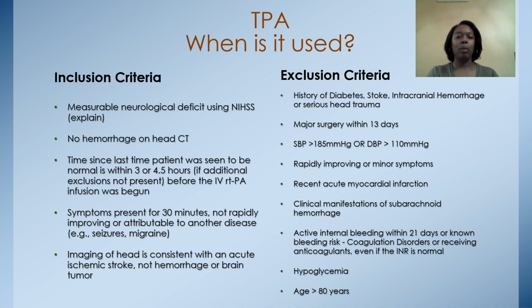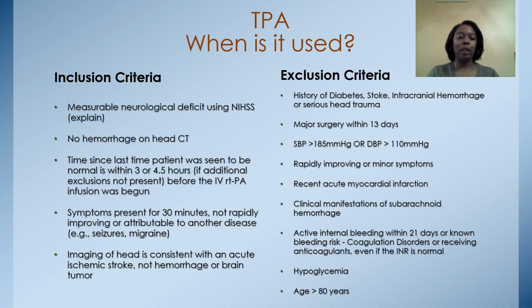No hemorrhage on the CAT scan of their head. And the onset of symptoms was within the time frame allotted, between 3 and 4.5 hours. The symptoms present for 30 minutes, not rapidly improving, which would indicate a TIA or some other disease such as possibly seizure, migraine, hypoglycemia, or maybe even something neurological like a Bell's palsy.